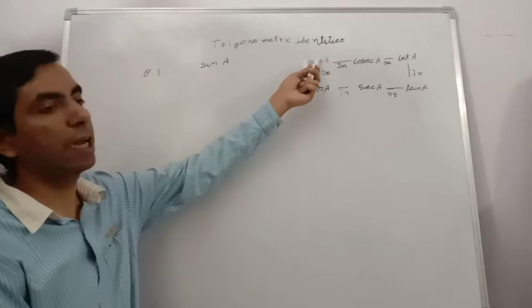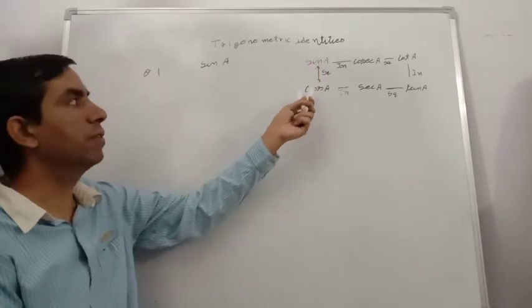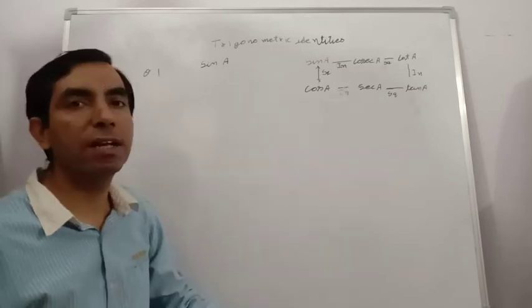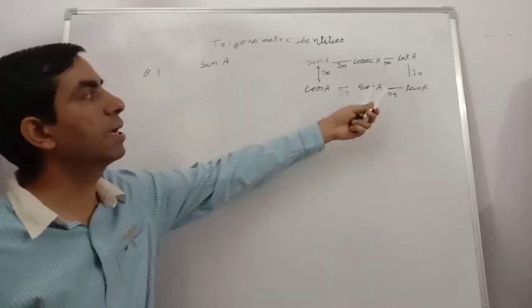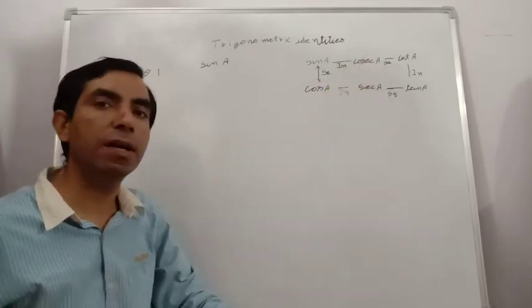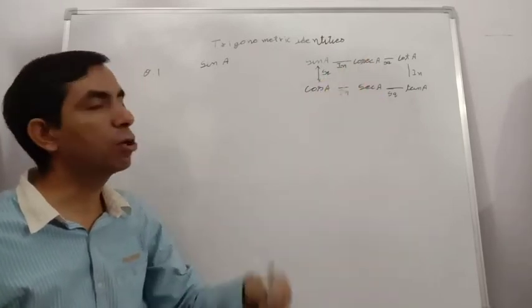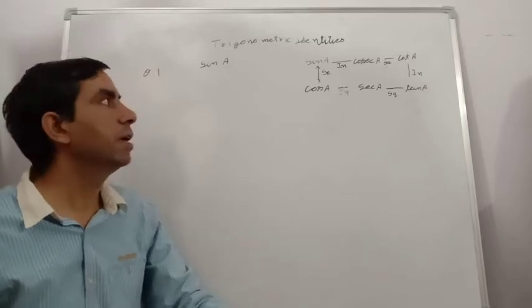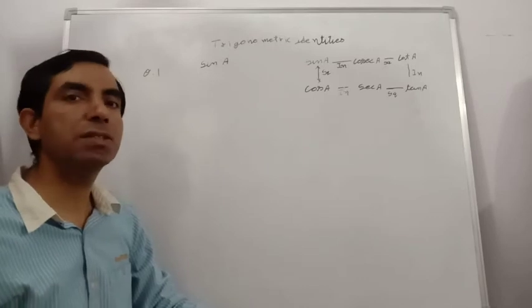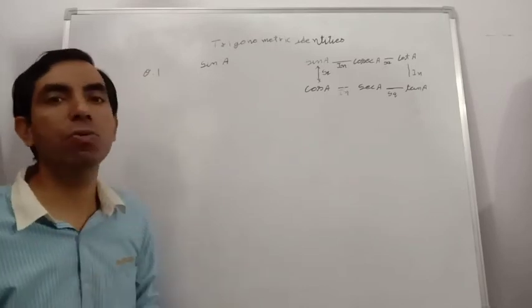Again, I am repeating: sine is connected with cos A by the square formula, cos A is connected with sec A by the inverse formula, sec A is connected to tan A with the square formula, tan A is connected to cot A with the inverse formula, cot A is connected to cosec A with the square formula, and cosec A is connected to sin A with the inverse formula. Means all things are connected to each other.